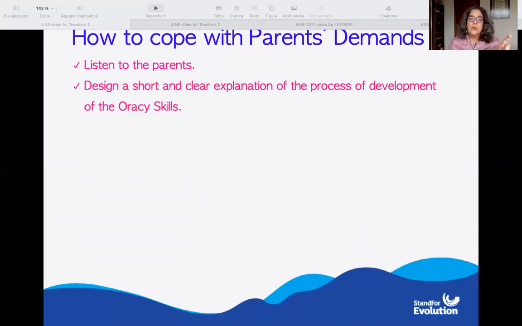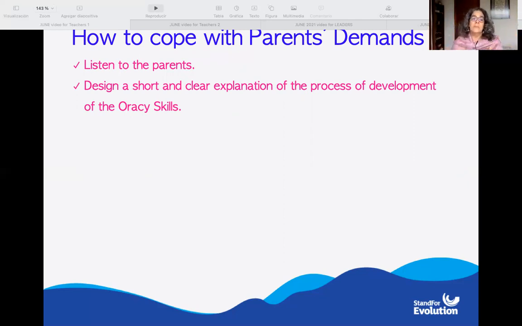Design a short and clear explanation of the process of the development of the oracy skills, so parents know what to expect. They should know there is a silent period. They should know that children will attempt to answer some questions and they will make mistakes, and it's okay, and then they will polish their answers.